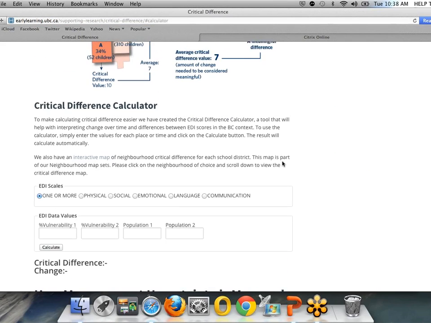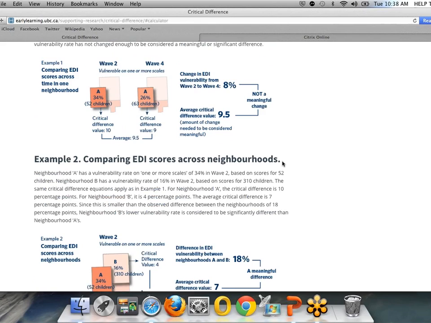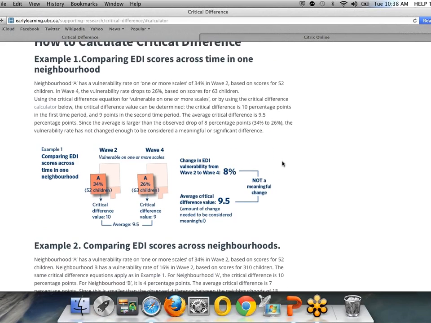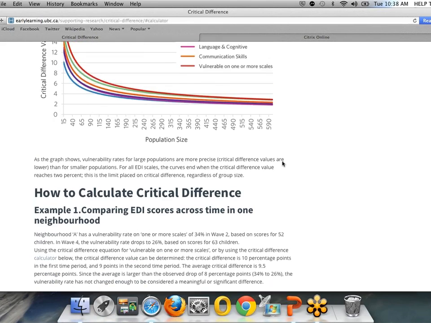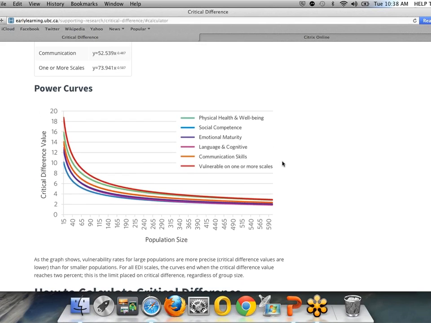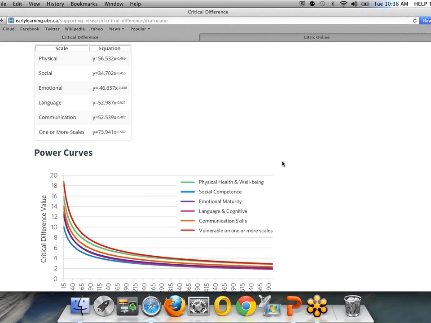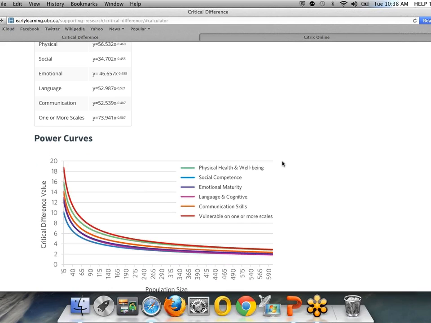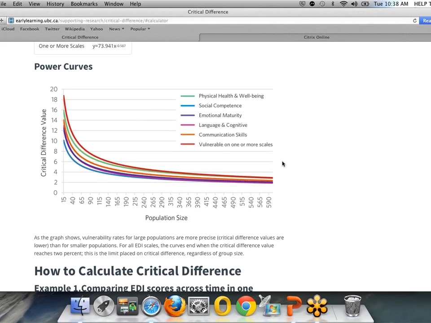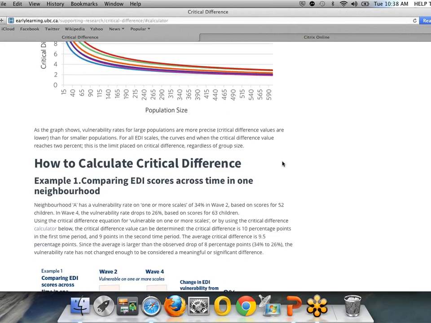Above here we have some more examples walking you through calculating critical difference, and we also have the power curves and the equations included if you would like more detail. A lot of the content that Barry has been presenting today is on this page in a great note format if you're looking for some text to go along with today's presentation.